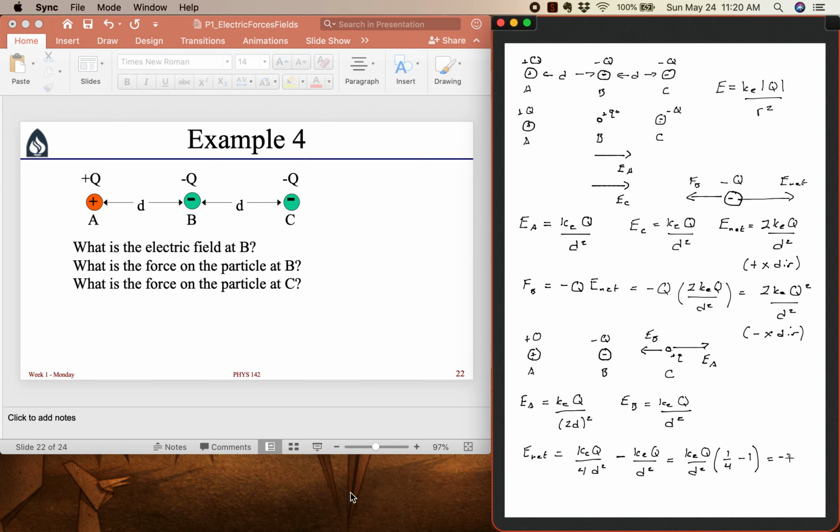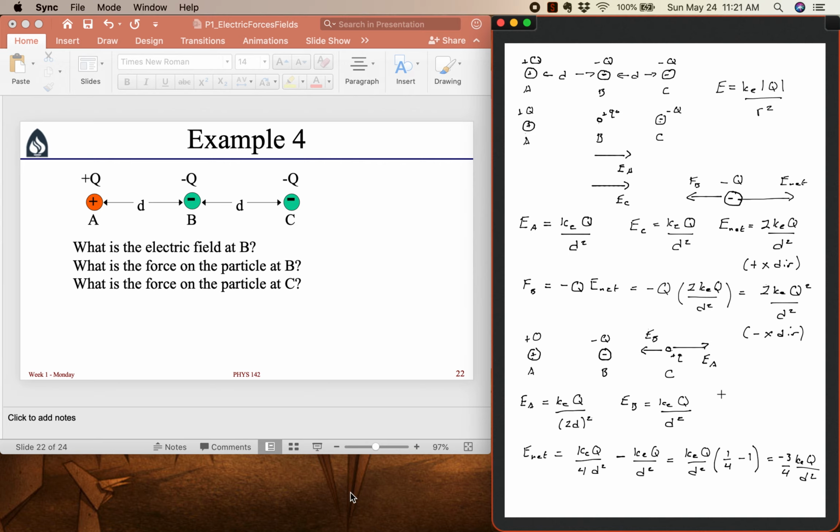So I get a -3/4 KeQ over d squared. So the amount of electric field is 3/4 KeQ over d squared, and the electric field overall points in the negative x direction because this electric field vector is actually stronger. Both charges have the same amount of charge, but the one at B is closer, so it ends up winning.